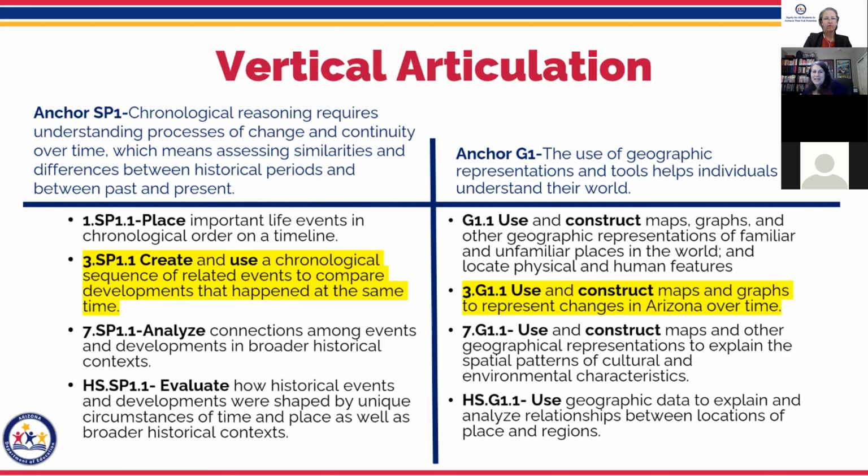So you're looking at the chronological reasoning, that idea of change over time, and you're using a geographic construct, maybe a map or a graph, to represent it. And then it gets more complex in 7th grade, where they're explaining cultural and spatial patterns and environmental characteristics with these maps and tools. And in high school, they're explaining and analyzing relationships based upon these geographical representations.